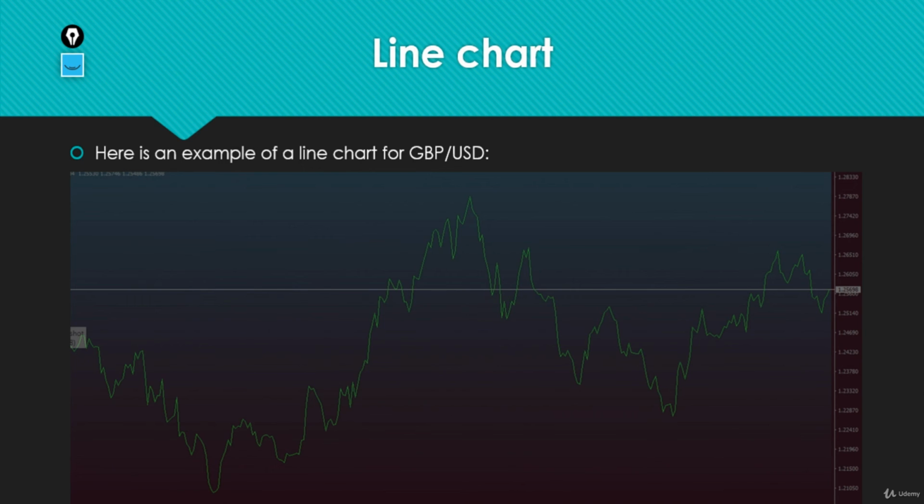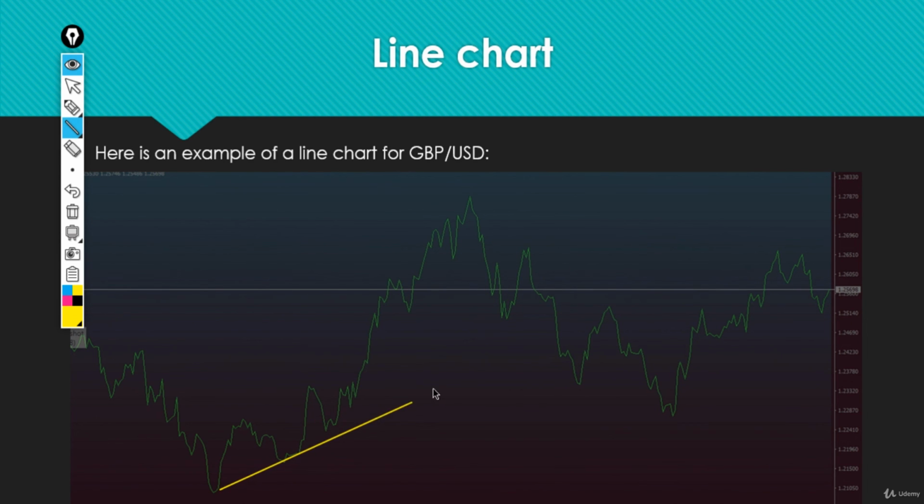Here is an example of a line chart for British Pound USD in the 4 hour time frame, and I will show you what I told you. Here you can draw, as I told you, a trend line. Here you draw support, and here you draw another one.